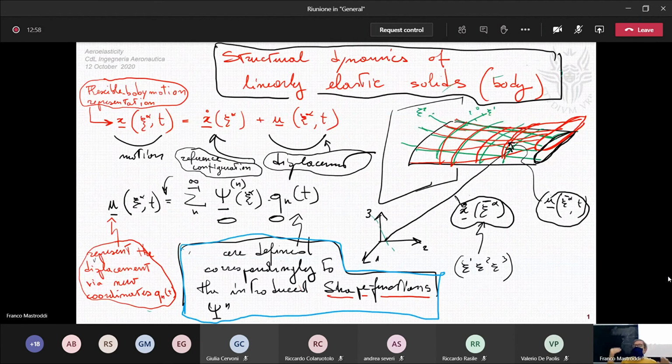Okay? However, you may have as output of your code the displacement of this. So that position will be displaced to another position. But the original node coordinate is representing actually the material coordinate. Okay?